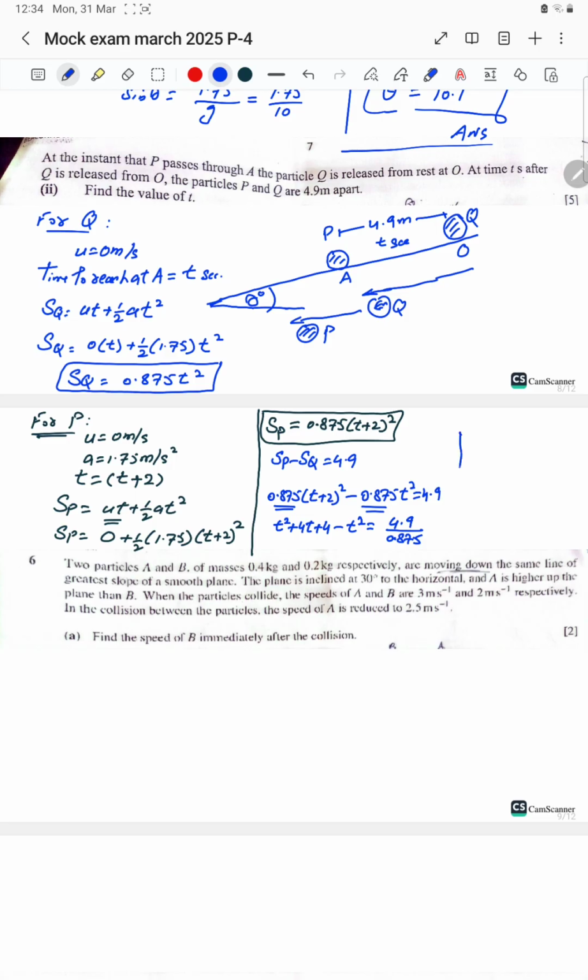The t squared terms cancel. So 4t plus 4 is equal to 4.9 divided by 0.875, which on the calculator is 5.6. So 4t is equal to 5.6 minus 4, so 4t is equal to 1.6. So t is 0.4 seconds. This is the time taken when P and Q are 4.9 meters apart. I hope it is clear.